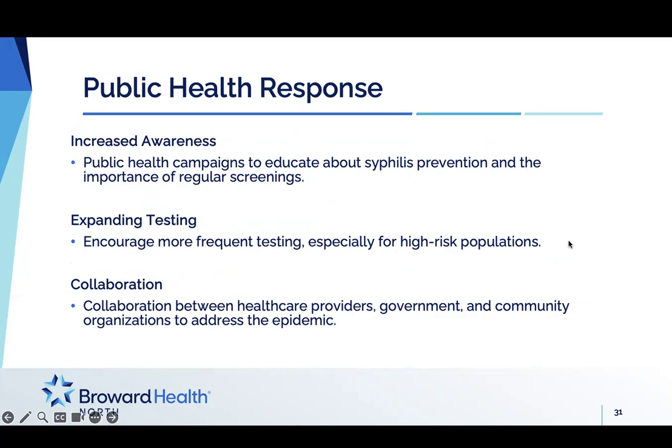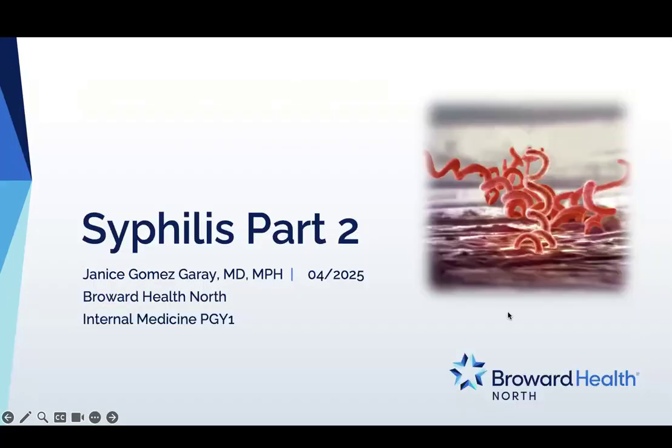We need to expand testing because it is so bad for health, with such mortality and morbidity and so many cases throughout the US. So we have to prevent this, with a lot of collaboration among all of us in healthcare, and try to educate patients more in our patient settings.